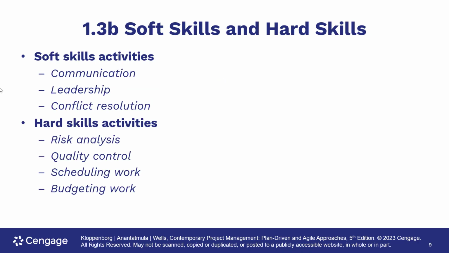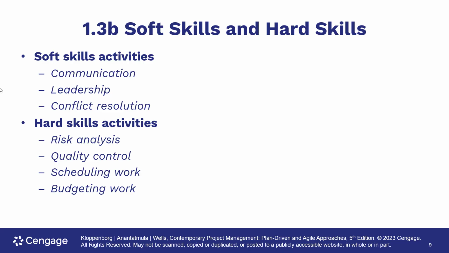Now let's talk about soft skills versus hard skills. Some of the soft skills activities are communication, leadership, conflict resolution, right? Then you've got the hard skills like risk analysis, quality control, scheduling work, budgeting work. The soft skills are the human skills, right?